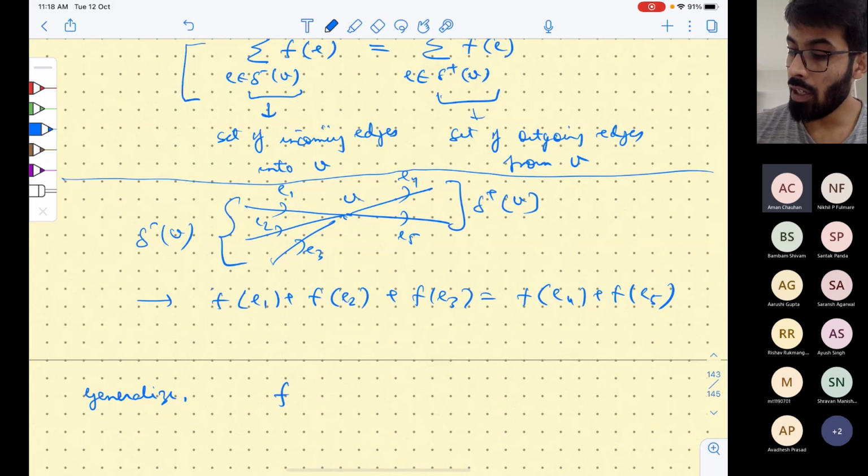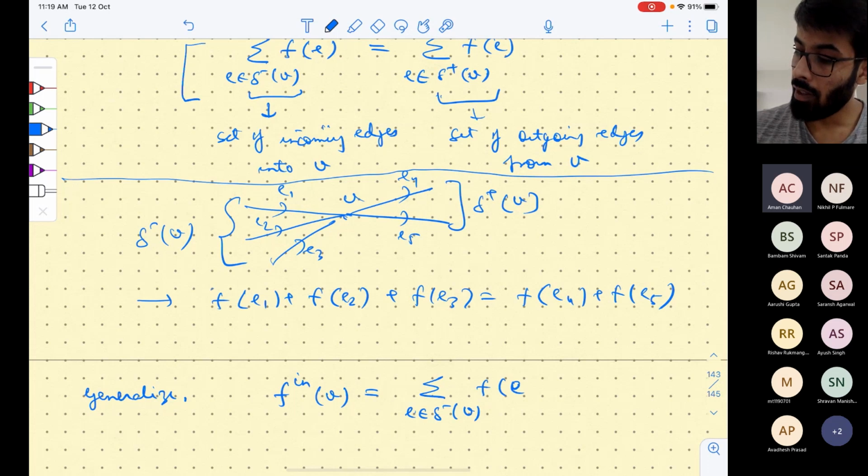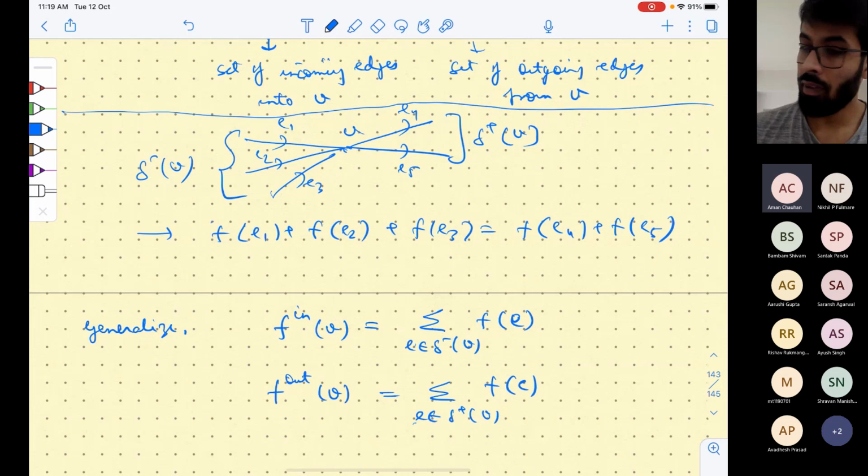So f in of v is equal to summation over e belongs to delta minus of v of f of e, right? And similarly, f out of v is equal to summation over e belongs to delta plus of v of f of e, right?